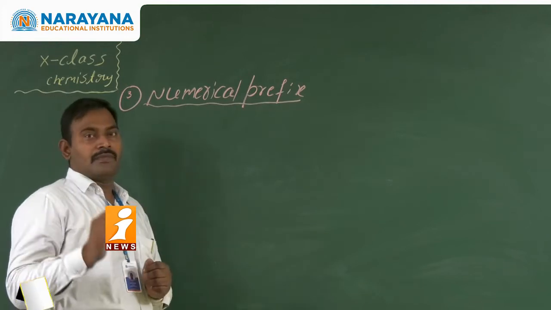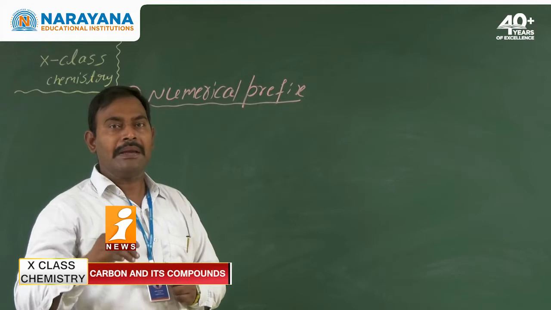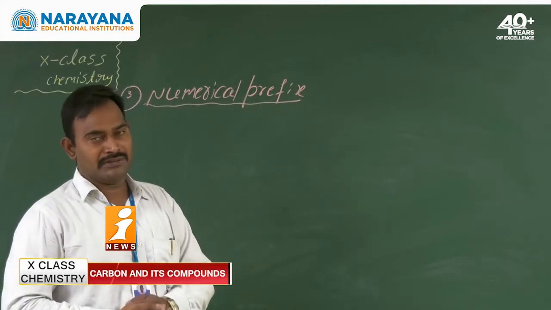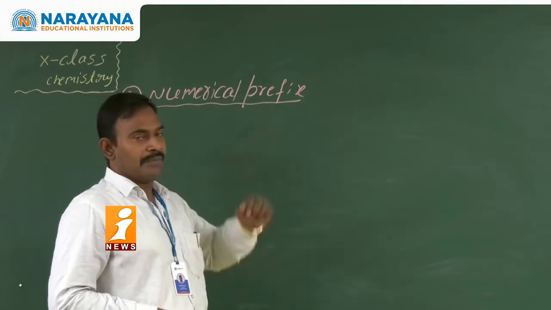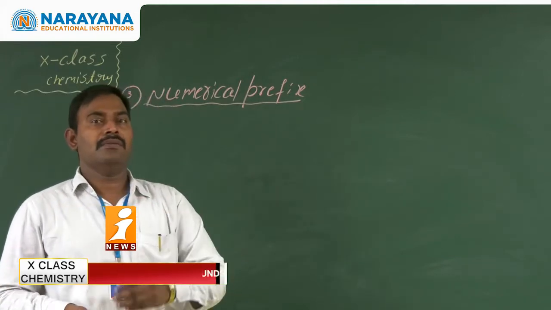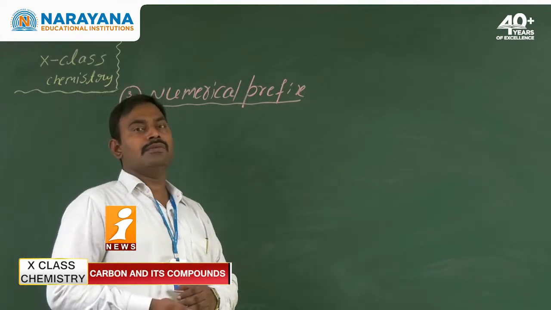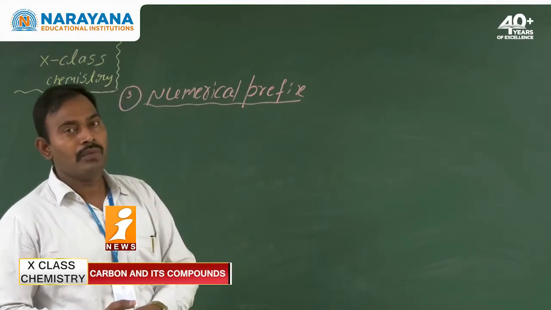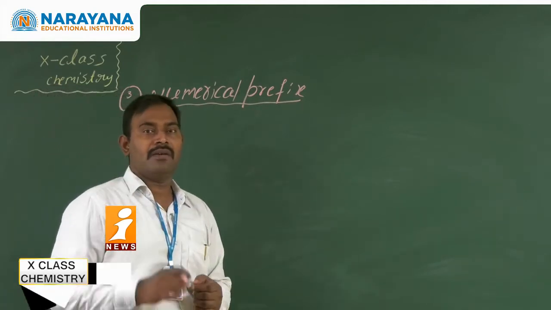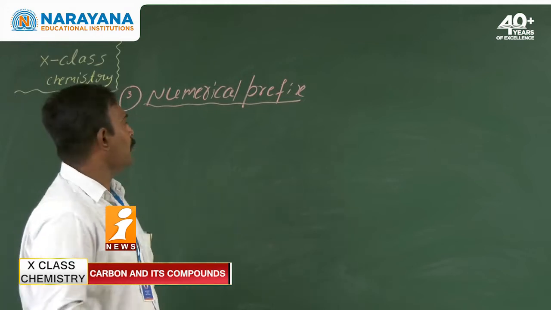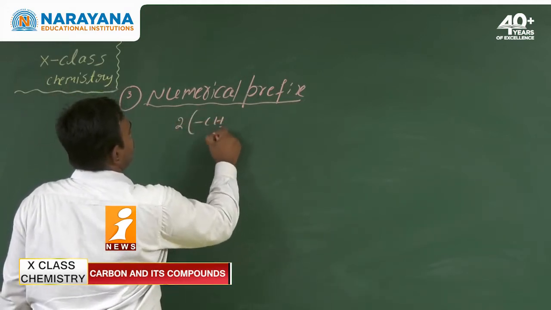See here, if the same kind of substituent is repeating 2 or more times, then we can use a numerical prefix. 2 times repeating, we use the prefix di. 3 times repeating, we use the prefix tri. 4 times repeating, the prefix tetra. 5 times, penta.